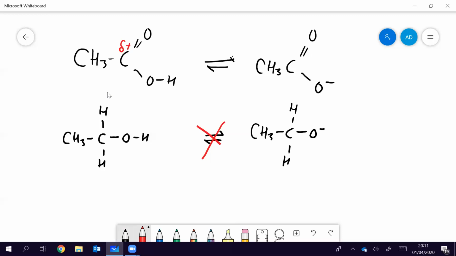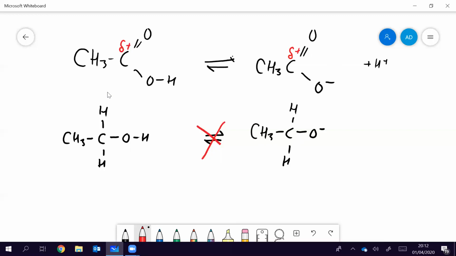Another way of looking at it as well is that once you form this negative ion, the negative charge isn't really just sitting on the oxygen, because this is electron withdrawing and it will pull some of this negative charge away from the oxygen, makes this negative slightly less intense, makes it more favorable for that to form. That doesn't happen with the alcohol. There's no electronegative elements attached to the carbon.